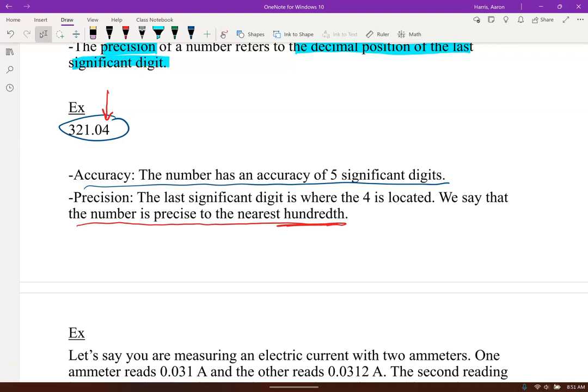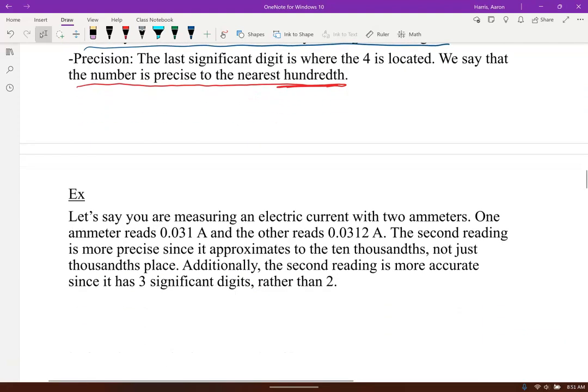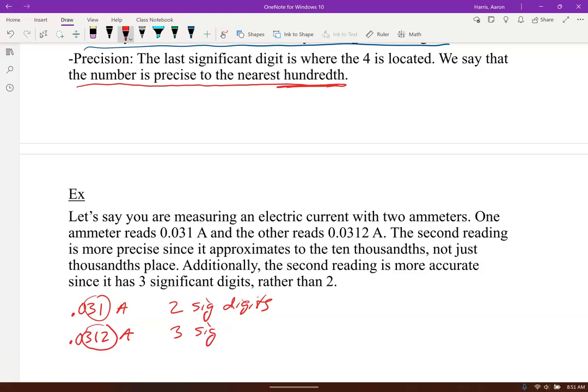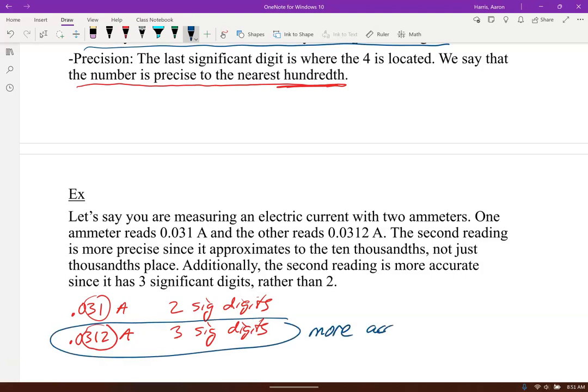So let's talk about accuracy. 0.031 has 2 significant digits. 0.0312 has 3. Both of them have a leading 0 there. So this one is more accurate because it has more significant digits, right?